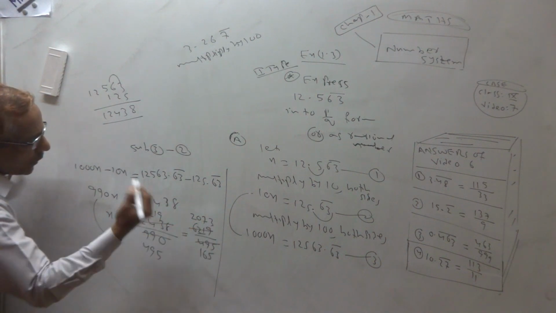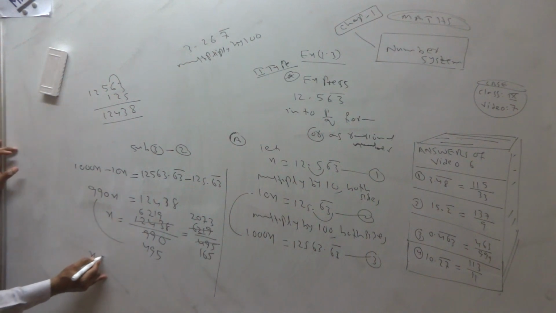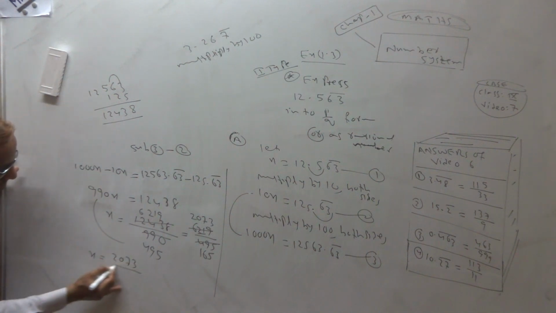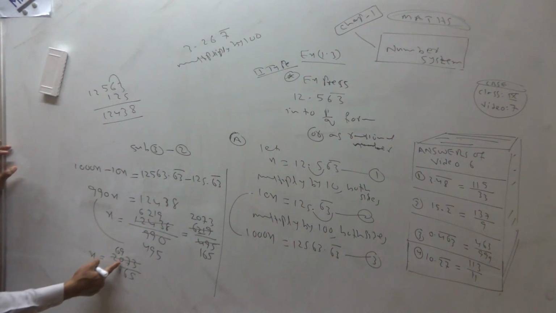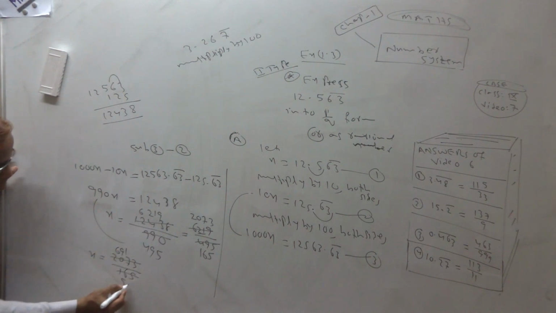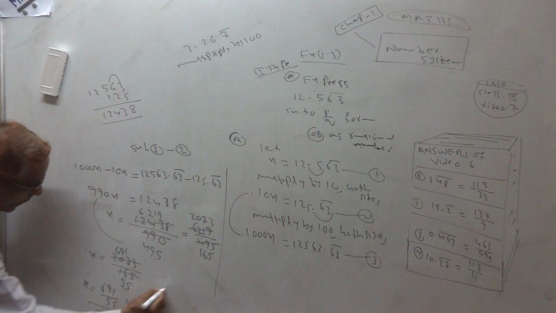Again, can you cut it by 3? Yes. Further, because we always write the answer in simplest form. 3 sixes are 18, 3 nines are 27, 3 ones are 3, 3 fives are 15. So now it will not go by 3, so we stop there.